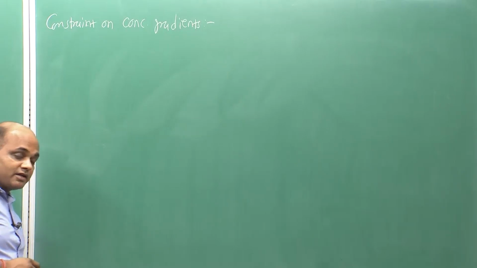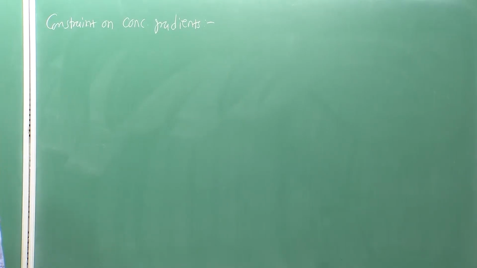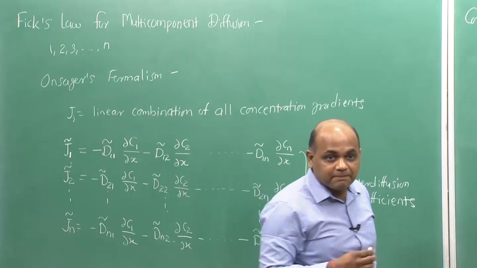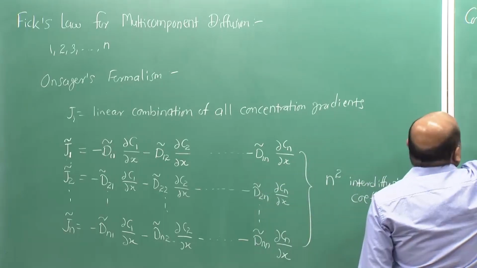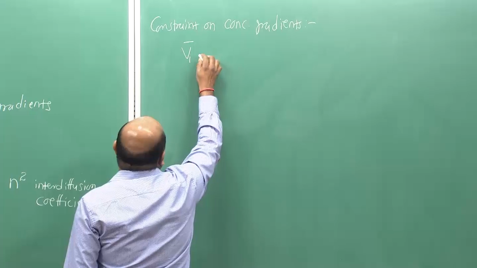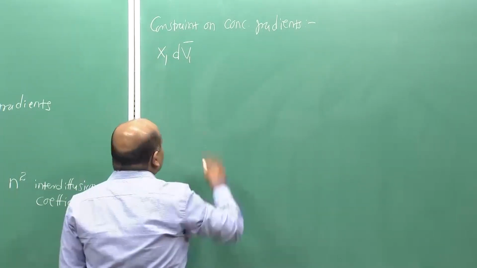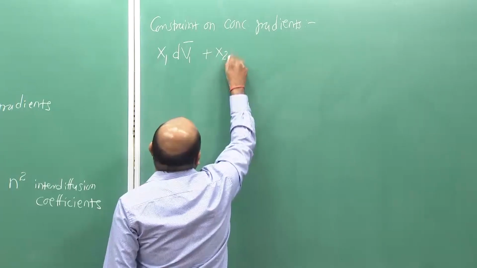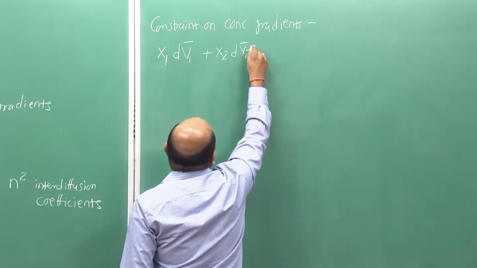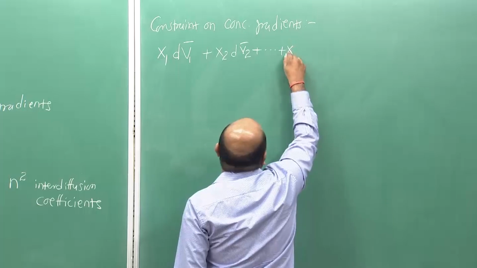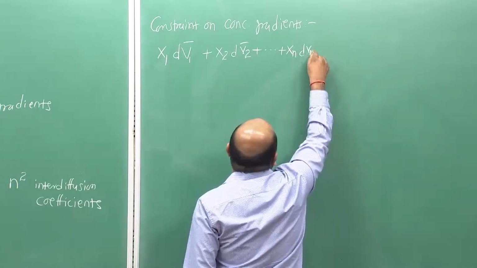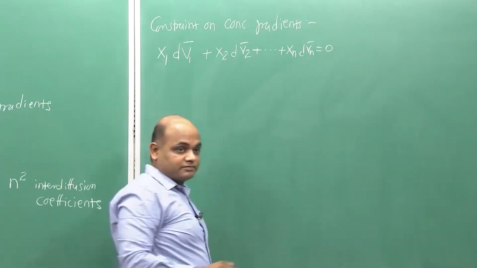So, if we apply the Gibbs-Duhem equation to partial molar volumes, what do I get? x1 dV1 bar plus x2 dV2 bar plus up to xn dVn bar equal to 0.